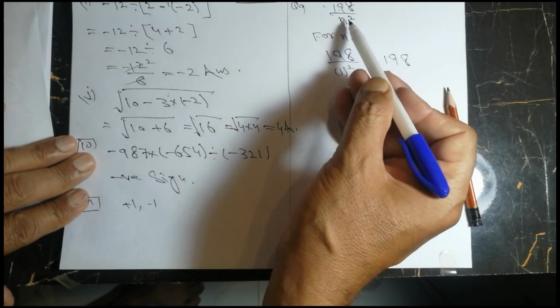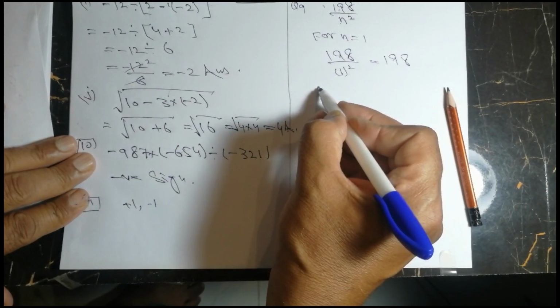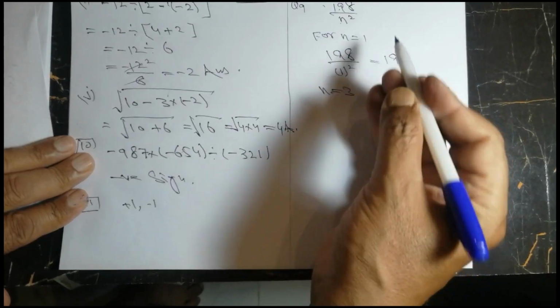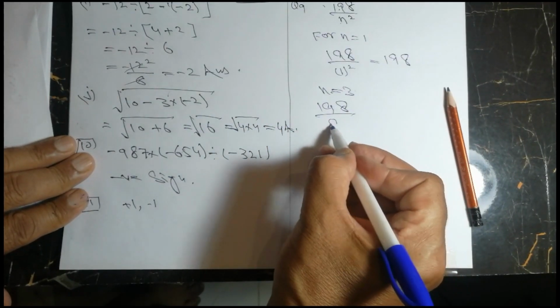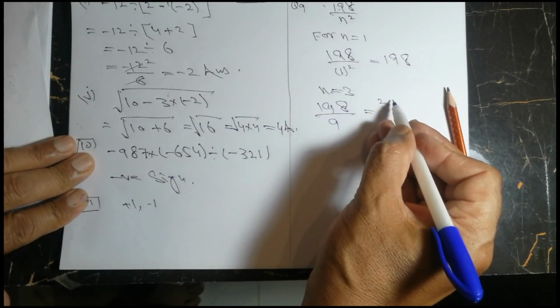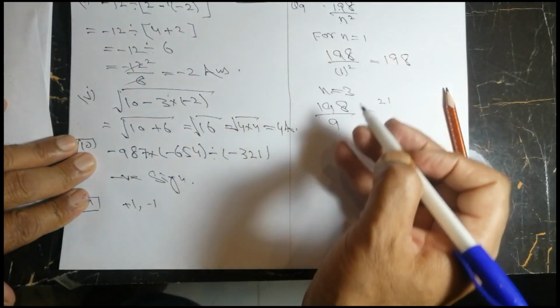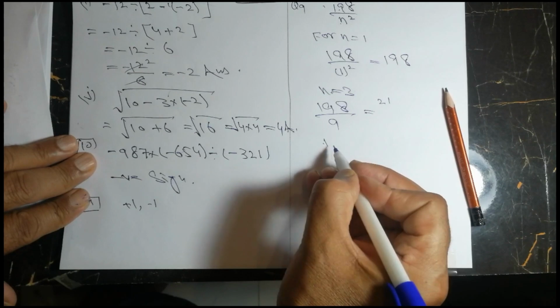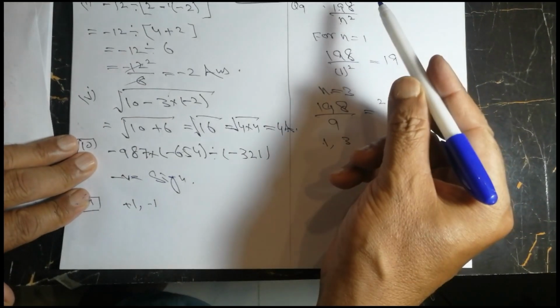So for n equal to 3, it is divisible, 198 divided by 9, which is equal to 22. So for n value 1 or 3, it is divisible.